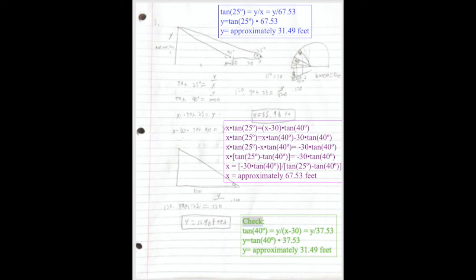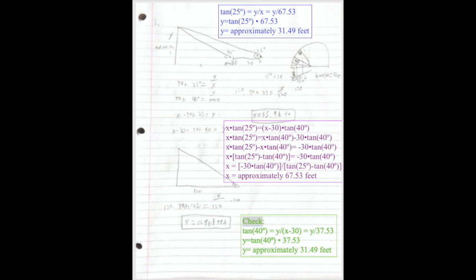I get the tangent of 40 degrees is equal to y over 37.53. I multiply both sides by 37.53, and y is equal to approximately 31.49 feet, which is the same answer, so it checks.